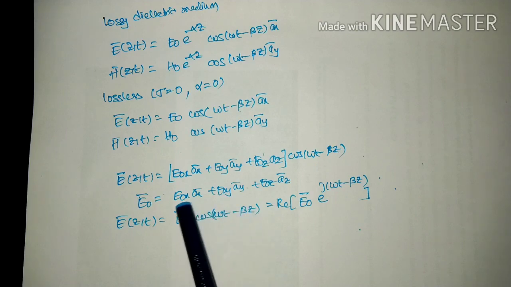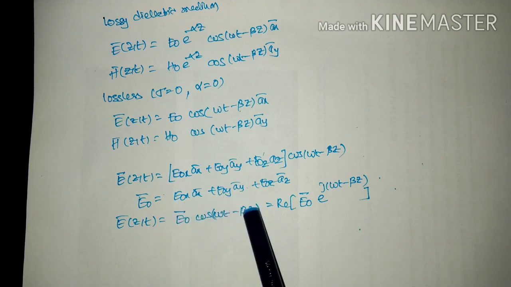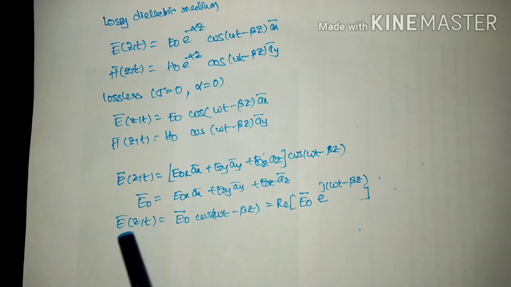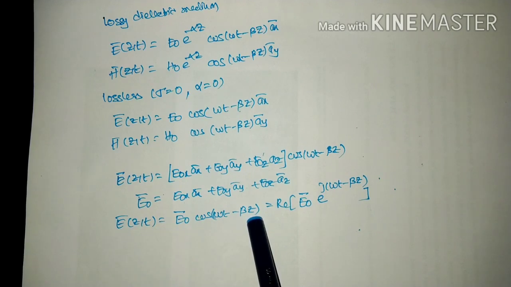So if you know the orientation of the electric field, and if you know how the phase of the signal is changing as the wave is propagating along that direction, then you can easily represent the electric field corresponding to that EM wave.